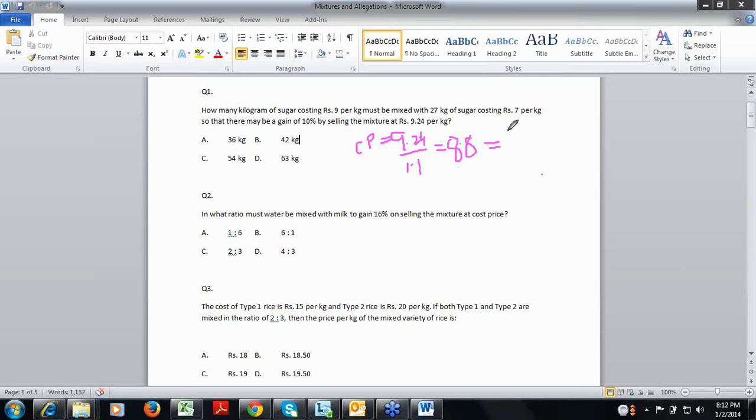This is equal to 9x, let the kilogram be x, plus 27 into 7, divided by x plus 27. Now it's a simple equation, you can easily solve it.